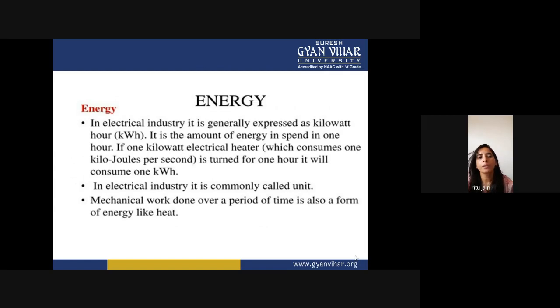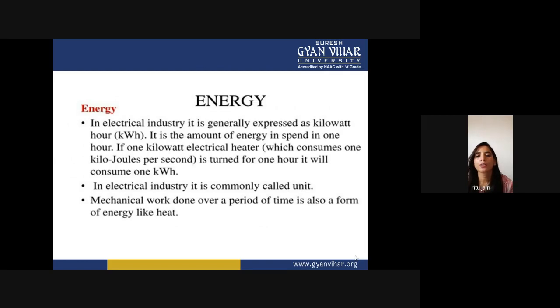So if you turn on your 10 bulbs of 100 watt for 1 hour, it will consume 1 unit of energy. This is the energy which your bulbs are consuming.